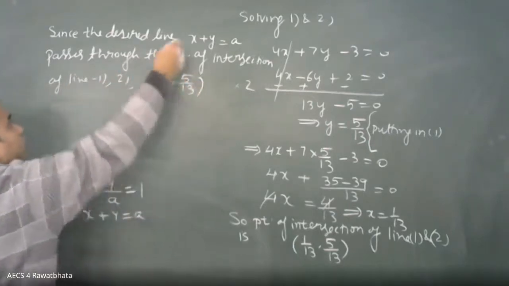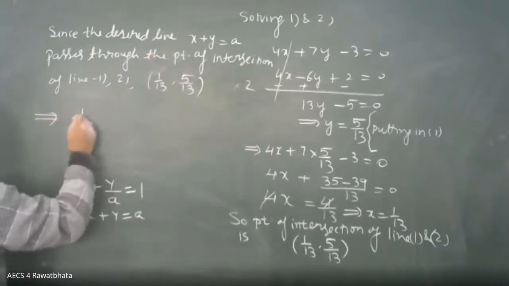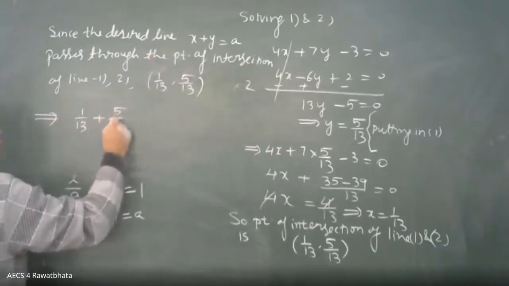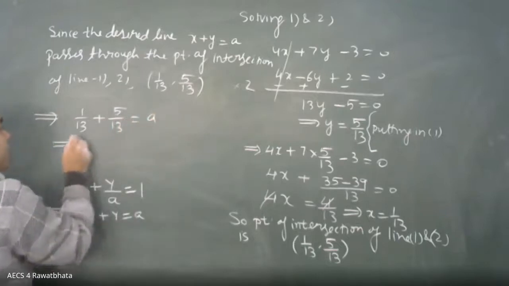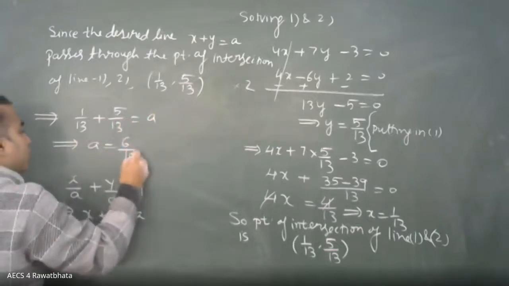So what to do? Just put the value of x and y. This point will satisfy this equation. And here I get a is equal to 6 upon 13.